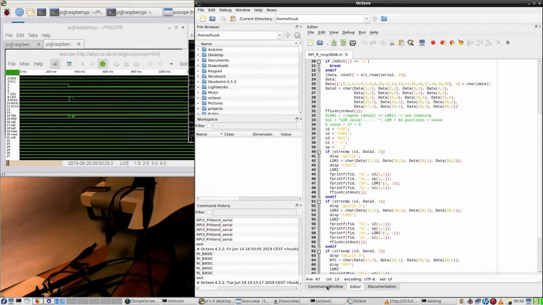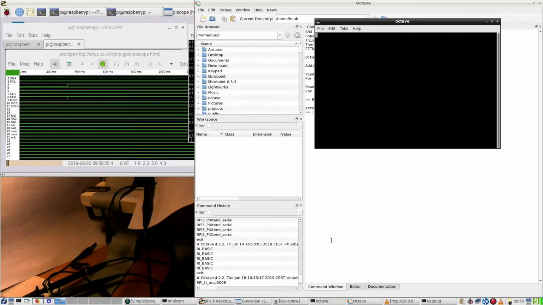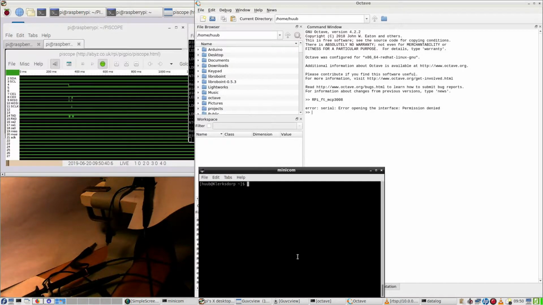Let's run it. Press F5. Oh, right. Once again. No, not here. This one. I have to change ownership. Claim ownership of the serial cable. Otherwise it won't run.